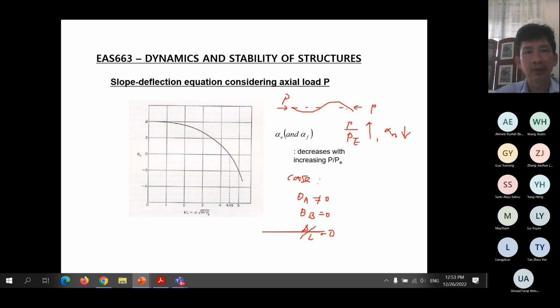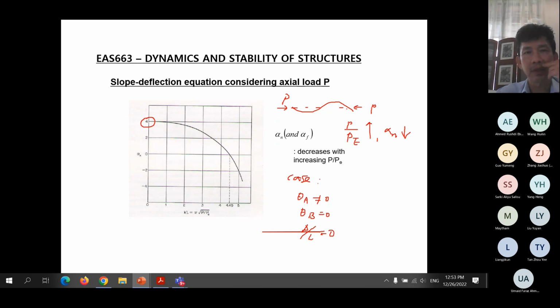It starts with 4. That is when axial force is equal to 0. This is the coefficient that we use in the normal slope deflection equation method, 4. But when P increases, then it starts to be less than 4. In the beginning, when KL is still within this 0 to 1, it is almost equal to 4.